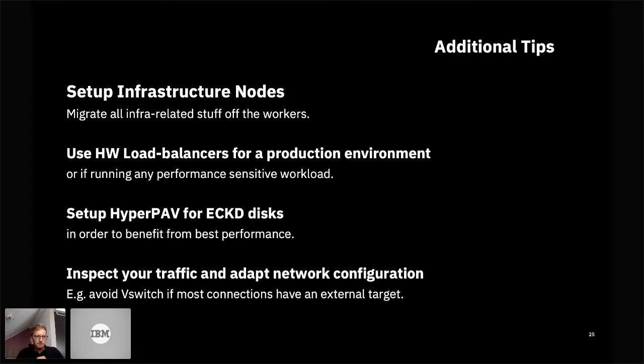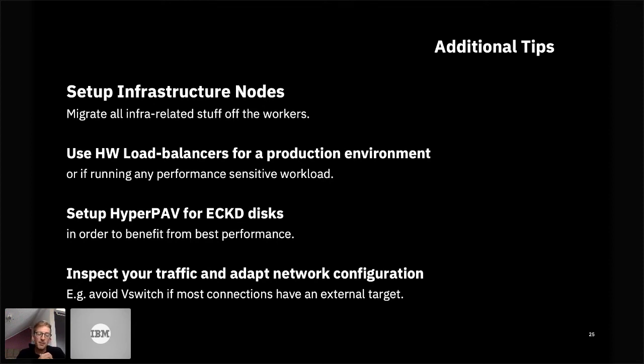And yeah, getting back to the load balancer topic, we had some discussions with some Red Hat performance teams as well, and it's really recommended, if you have a performance-sensitive workload and if you care about performance, to use hardware load balancers. You already have out there a lot of different hardware load balancers, for example, from F5 or from Netscaler.